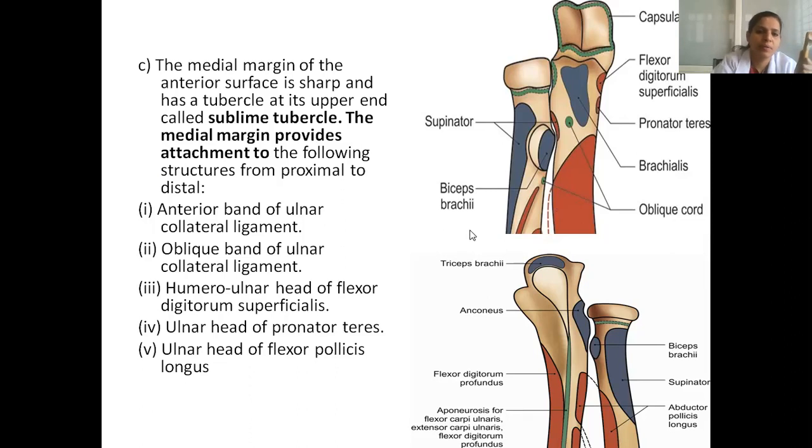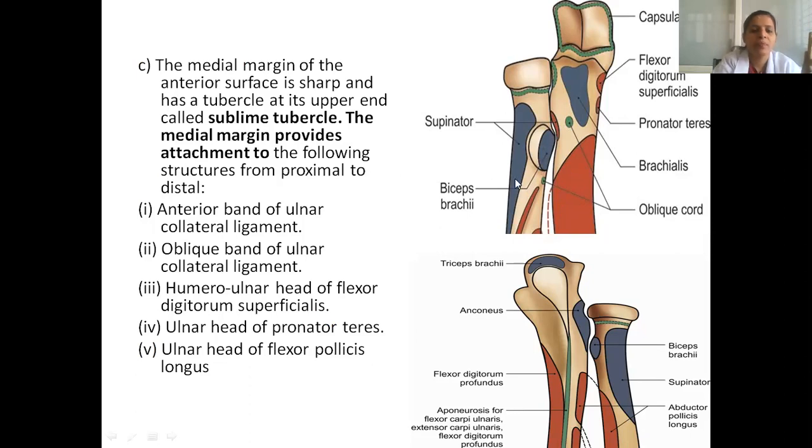Then what are the various ligaments we find from here? You will see the anterior band of the ulnar collateral ligament, then the oblique band of the ulnar collateral ligament. Then these are the ligaments of the formation of the superior radioulnar joints. We will repeat again when we are doing radioulnar joints. Just try to figure out the location where we have this oblique cord and its various collateral ligaments.